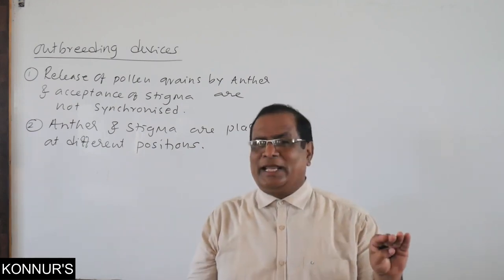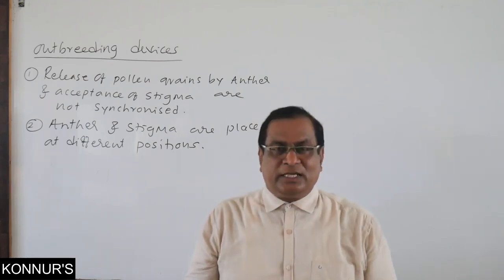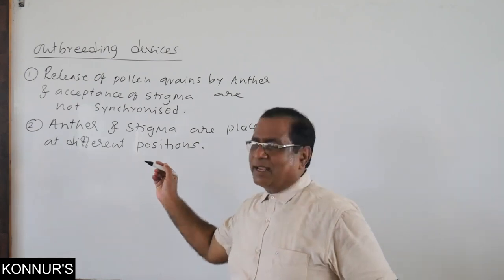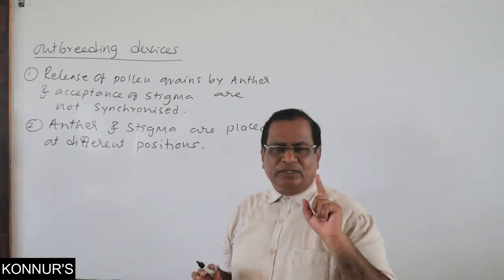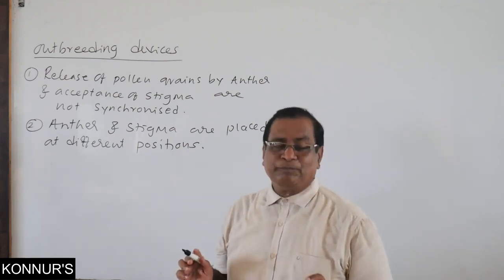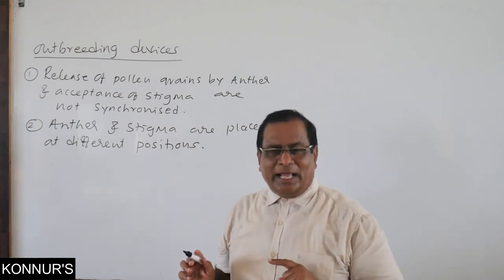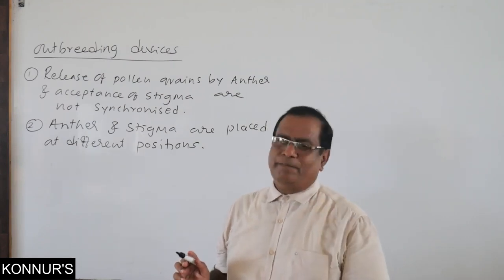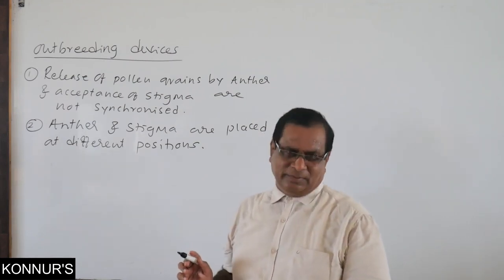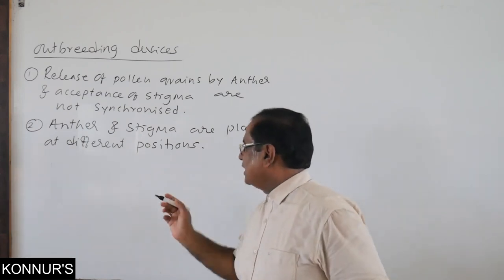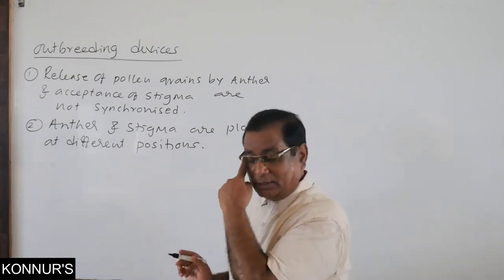Pollen grains cannot be transferred to the stigma of the same flower. This is the second device, which helps outbreeding or crossbreeding and prevents inbreeding or self-pollination as well. Anther and stigma are placed at different positions.